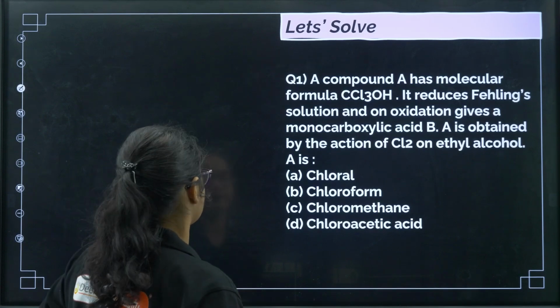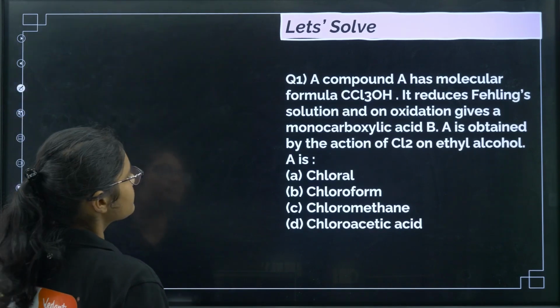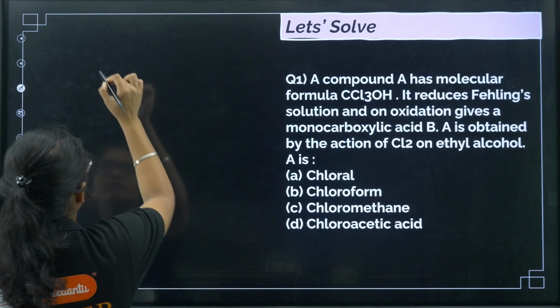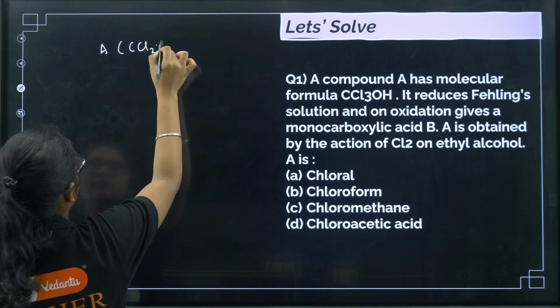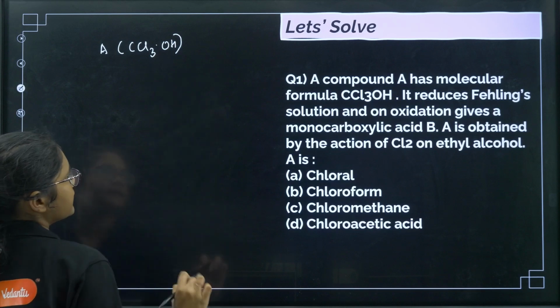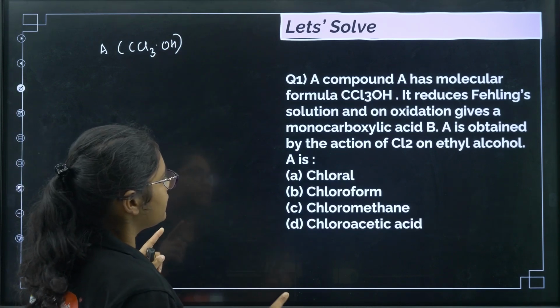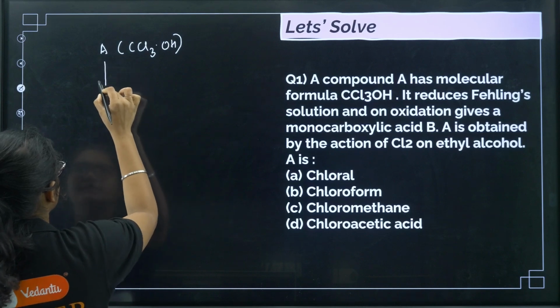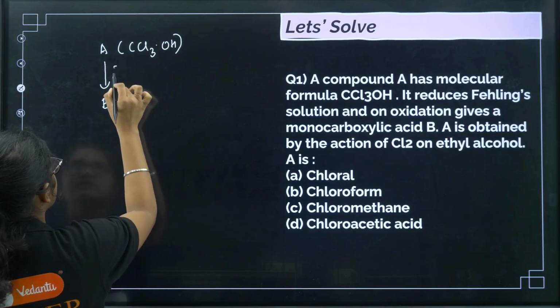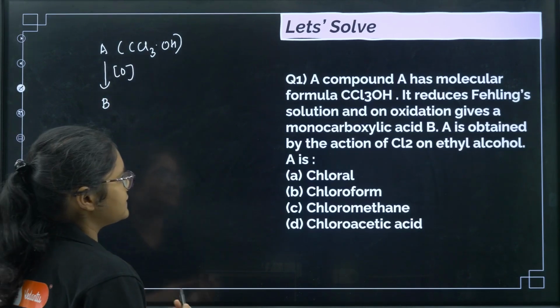So what is the information? Let us first write it down. A compound A has a molecular formula of CCl3OH. It reduces Fehling's solution and on oxidation gives a monocarboxylic acid B.